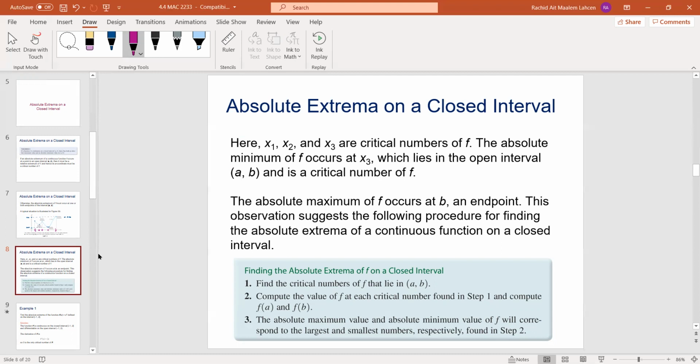So you go back to the original function, not the derivative, to find the y values at the critical points and at a and b. The absolute maximum value and the absolute minimum value of f will correspond to the largest and smallest numbers, respectively, found in step 2.